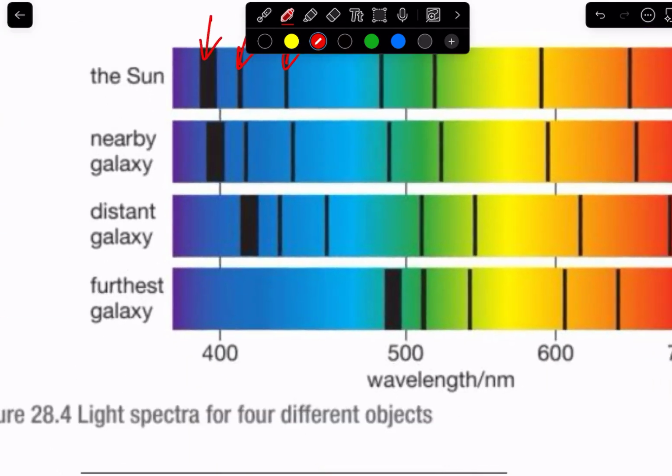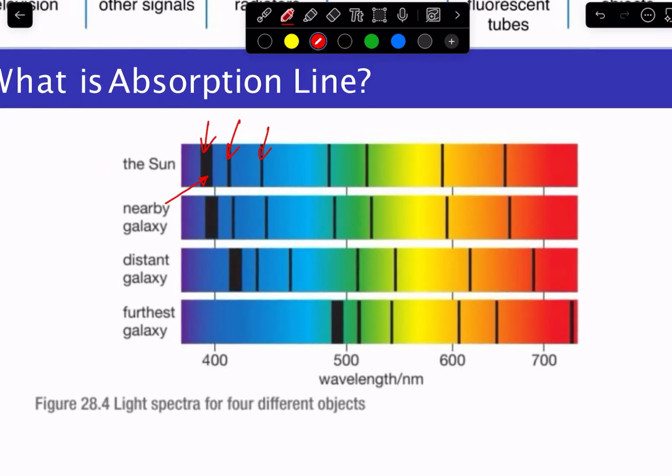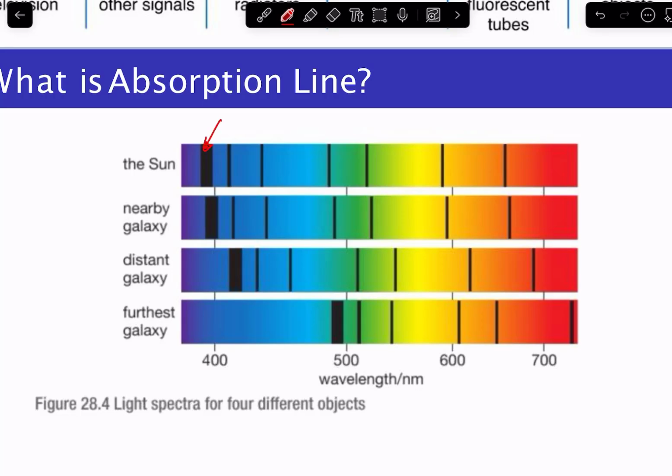That's why the black line appears at that wavelength or frequency, because this energy is already absorbed by the cooler atmosphere around the star. So when the electromagnetic wave comes to the observer on the earth, they cannot see the light or energy at this wavelength. That's why this black line appears.